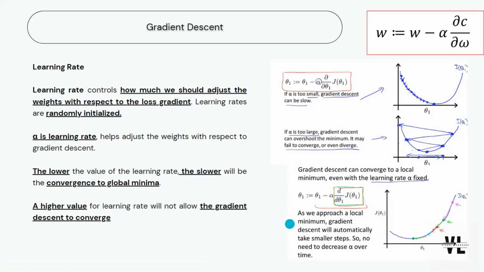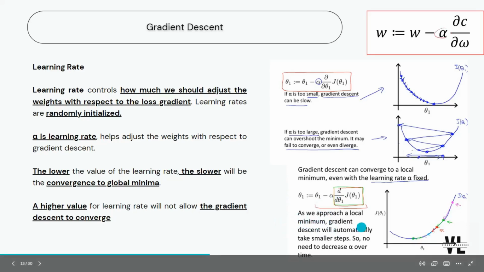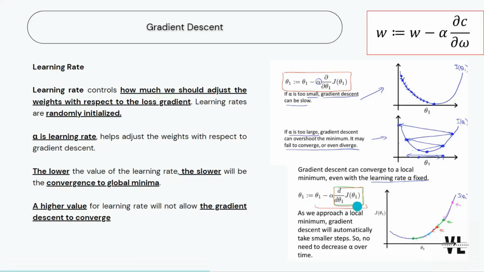As we approach the local minimum, gradient descent will automatically take smaller steps. So as we get closer to the minimum point, gradient descent is going to take smaller and smaller steps until it basically becomes 0. And this is because the computed gradients are going to be smaller and smaller even though we have used a fixed alpha.